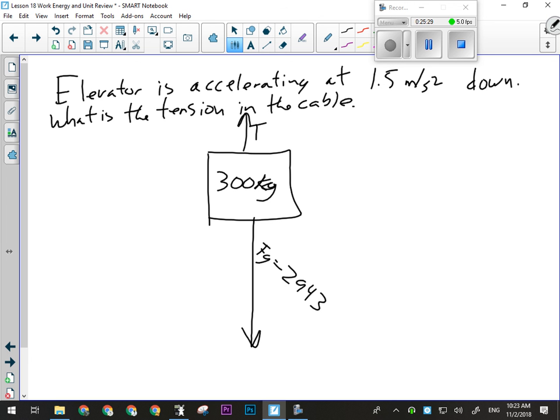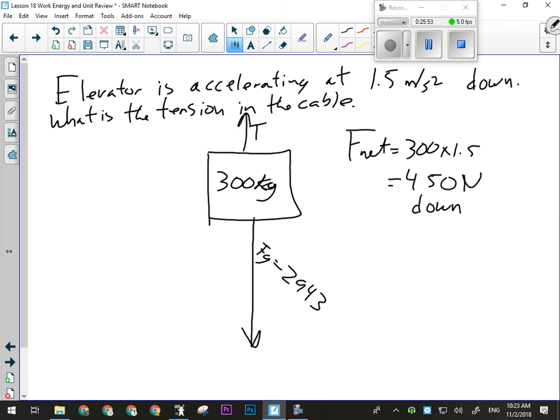What else can I calculate? Fnet, because I know the acceleration is 1.5 and the mass is 300, so that's going to be 450 newtons down. I know Fnet, and I know there are two forces contributing to it.